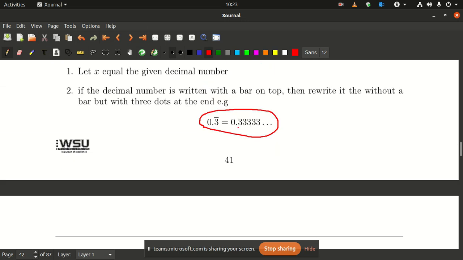Multiplying it by 10, I am moving this point and placing it there. Then you will see that x has 3333 after the decimal point, and 10x still has 333 after the decimal point. So those numbers after the decimal point are the same throughout.